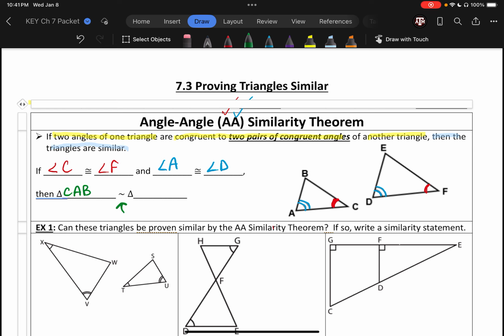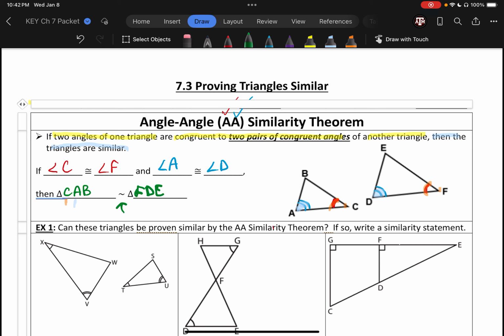If I start with C, C is this angle marked with one ring, so that corresponds to the other angle marked with one ring in the second triangle. So I'd have to start with F. Next letter we have is A. A is the double ring, which corresponds to the double ring here, so the next letter would be D. So we have F, D, and the last letter here is E.